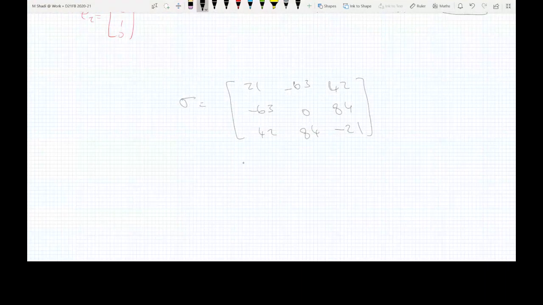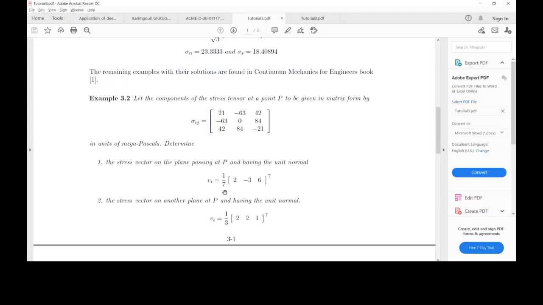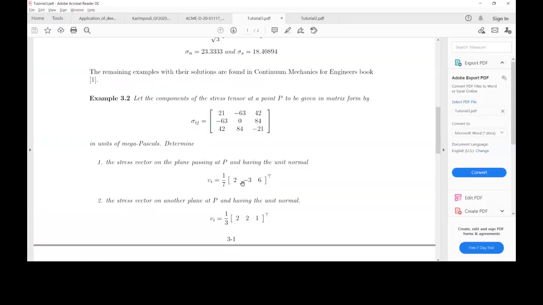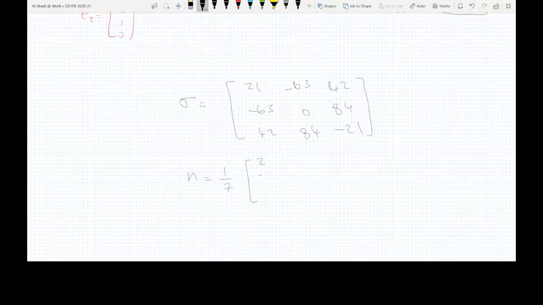Okay, so this is the stress tensor. And we have the normal direction, 1/7 multiplied with 2, minus 3, and 6.